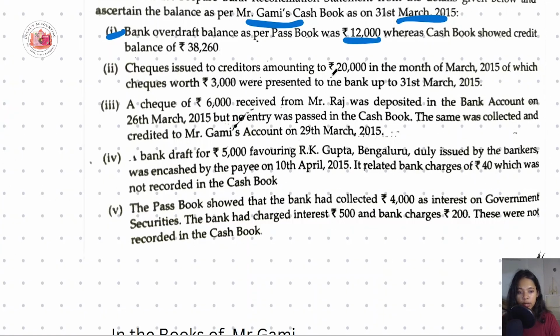Checks issued to creditors amounting to rupees 20,000 in the month of March, of which checks worth rupees 3,000 were presented to the bank up to 31st March 2015. So checks worth rupees 20,000 were issued to creditors, but only checks worth rupees 3,000 were presented to the bank.